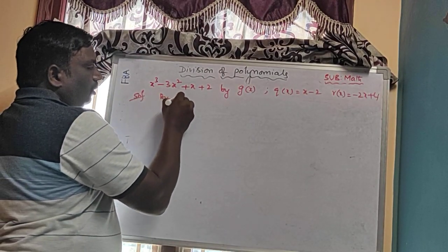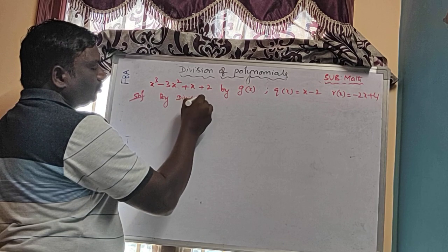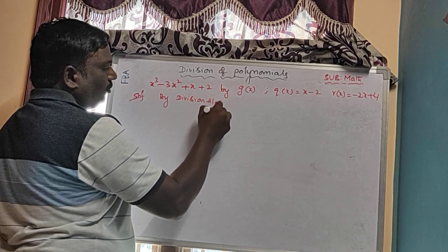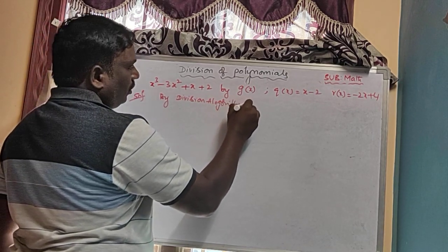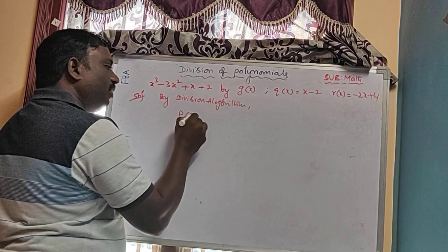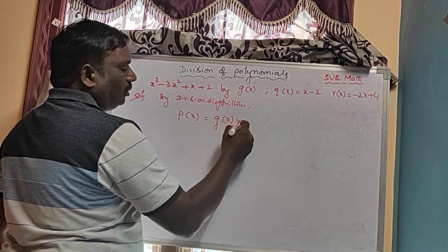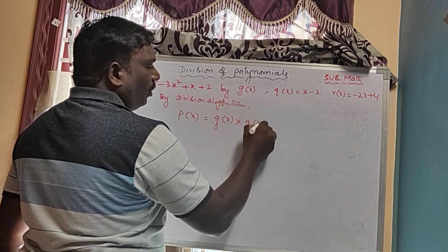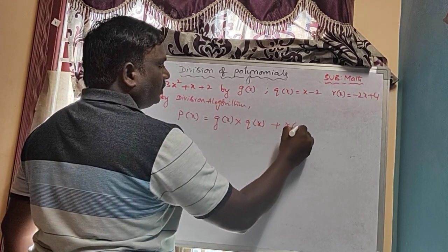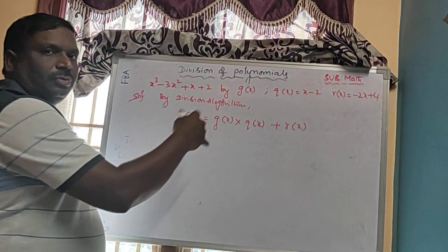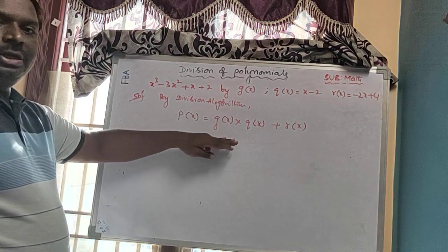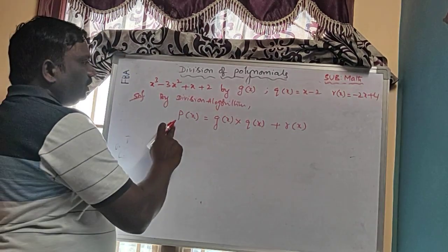By division algorithm, p of x equal to g of x into q of x plus r of x. So substitute whatever polynomials they give. What is the p of x?